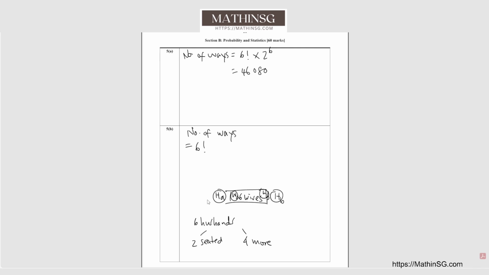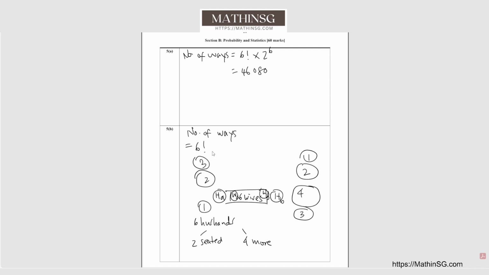For the 4 others, you could have none of them here and 4 of them here. Or you can have 1 of them here and 3 of them here. You can also have 2 of them here and another 2 of them here. 3 of them here and 1 of them here.